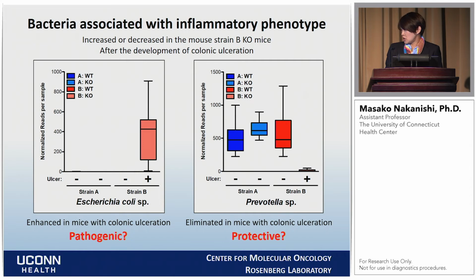And again, the opposite profiles were also found, where the Prevotella species were significantly decreased in the strain B knockout mice. And we think those bacteria might have a protective role against inflammation.